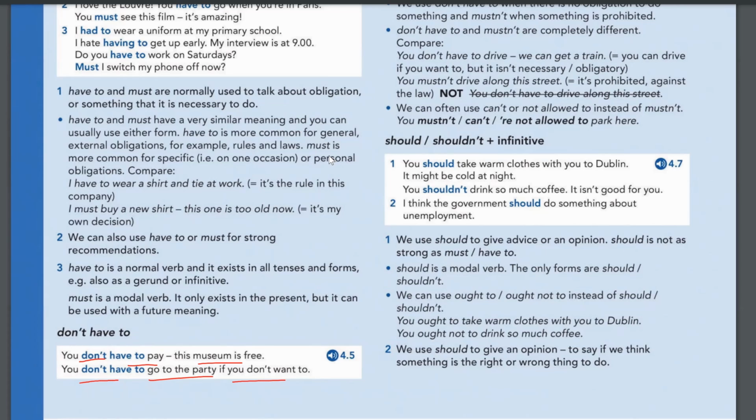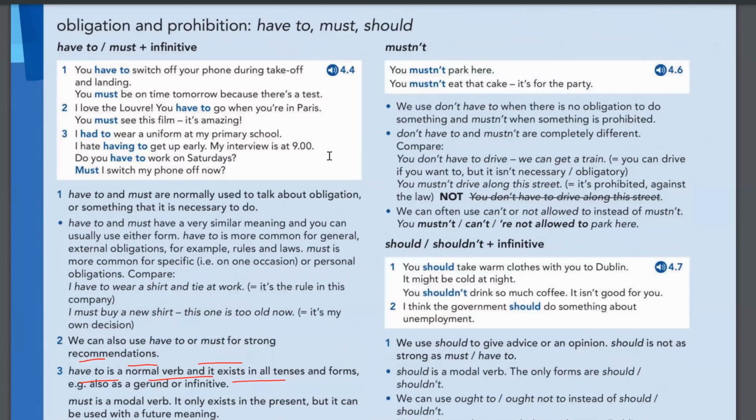But what about mustn't? So when I say mustn't, now it becomes rule. We use mustn't for prohibited. Something is prohibited by rules and regulations. So in positive structure, when I say must, it is a personal opinion. Something is necessary because of my personal thinking.